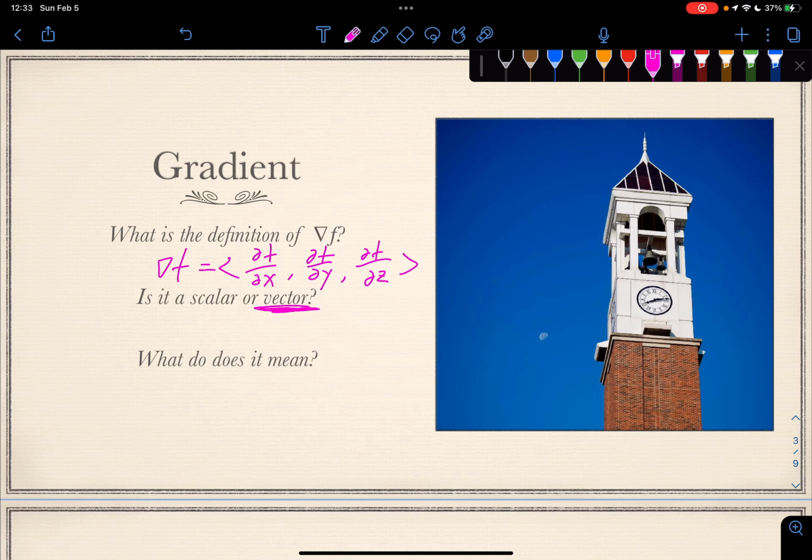It's a vector, so it has a direction, and the direction is the maximum rate of change. So it's similar, I wouldn't say analogous, to a directional derivative. It's talking about rate of change.